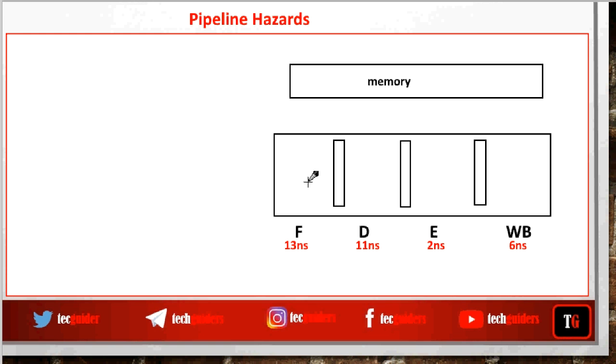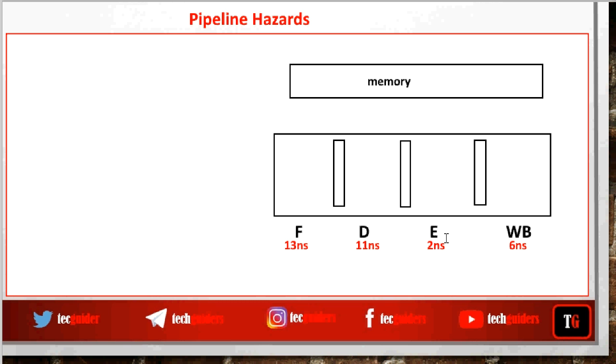We know that pipelining gives its best benefit if all the phases are of same delay, but practically this is not possible. Different phases or different stages will be having different delays, and if the variation in the delays is more, then we cannot get the expected speed up from pipeline.